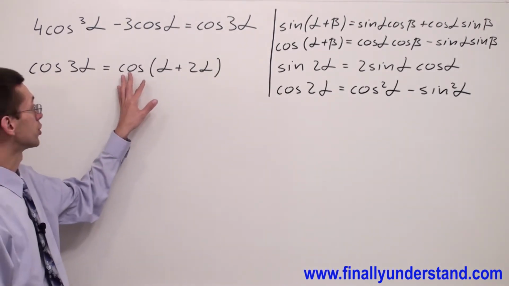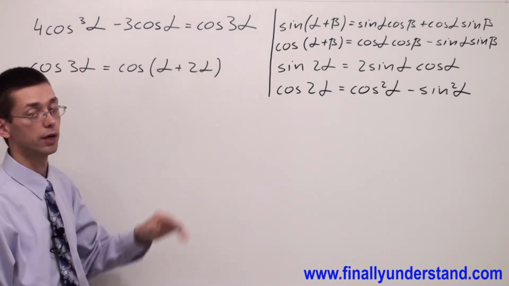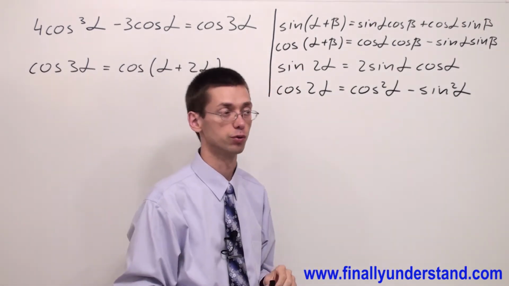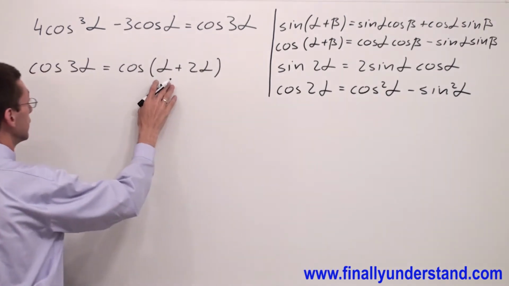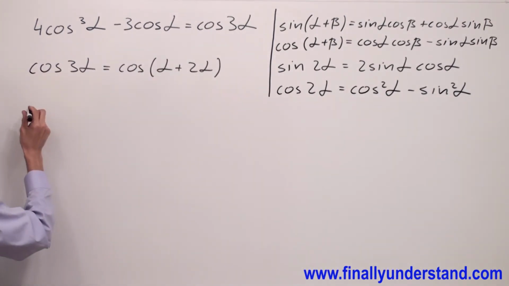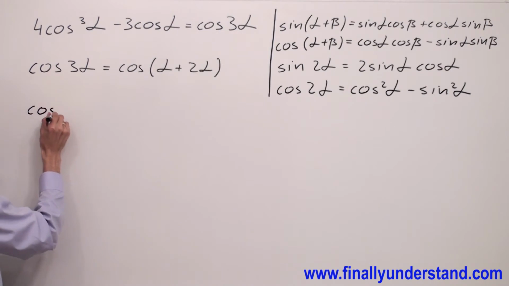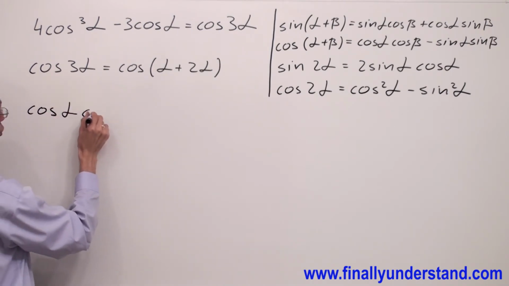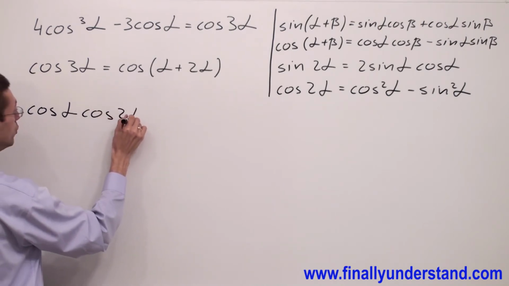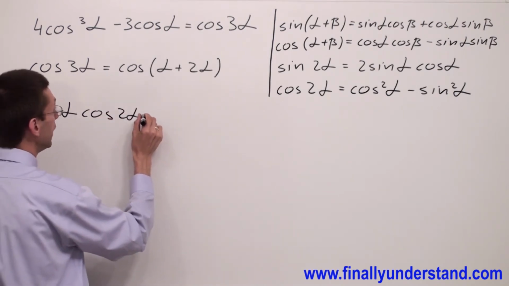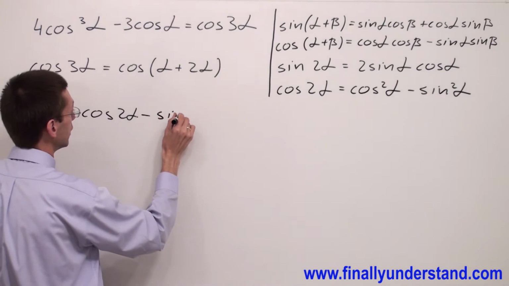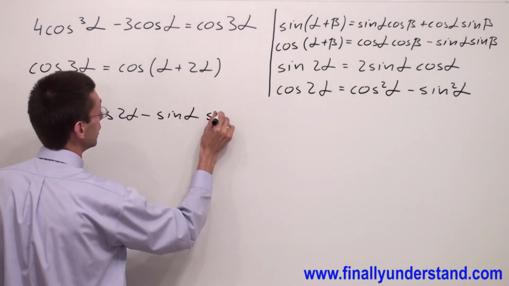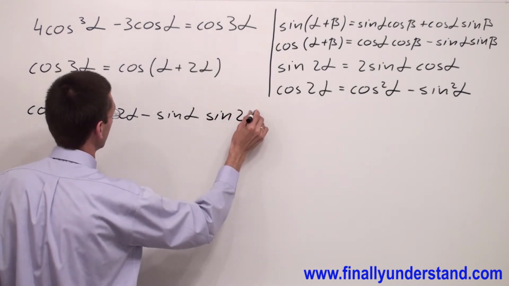Because I have the cosine of the sum of two angles, I'm going to use the formula for the cosine of two angles and rewrite this expression as cosine alpha times cosine 2 alpha minus sine alpha times sine 2 alpha.